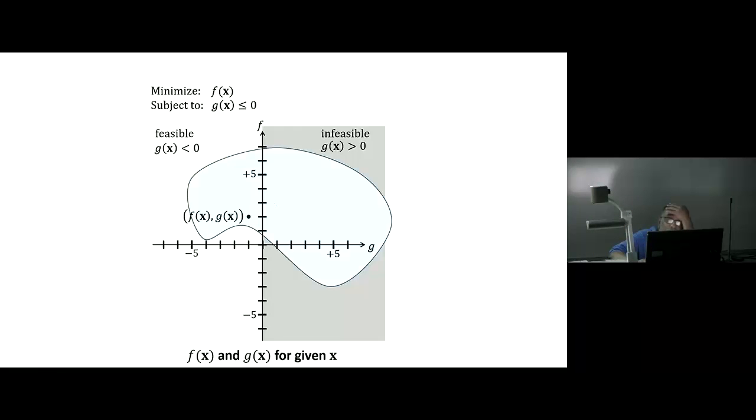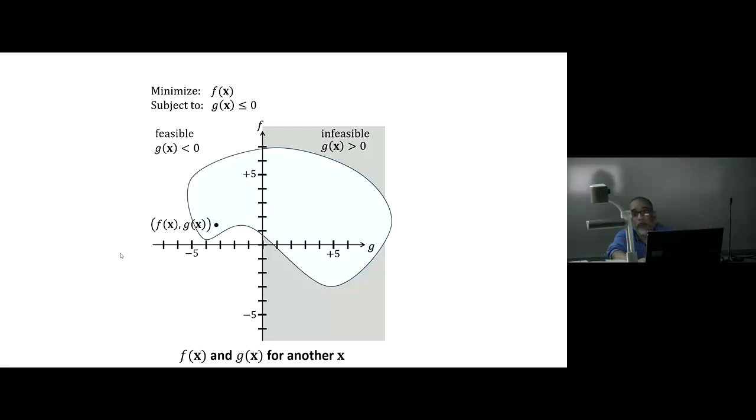Okay, so suppose we have an x, we find f of x and g of x, and so we get the corresponding point here. And we can always read off the value of f of x and g of x. So g of x is equal to -1, f of x is equal to 2, correct? For this little example. This is f of x, and this is g of x. Some other point x, we'll get f of x and g of x.